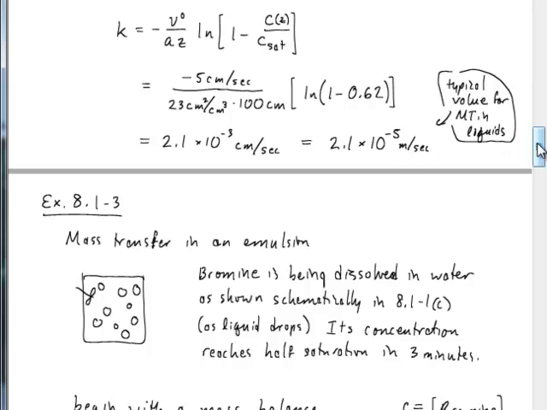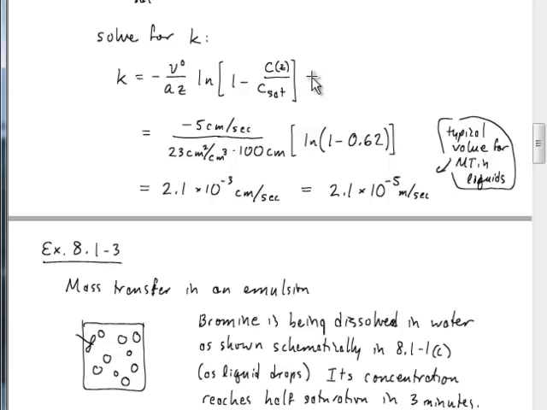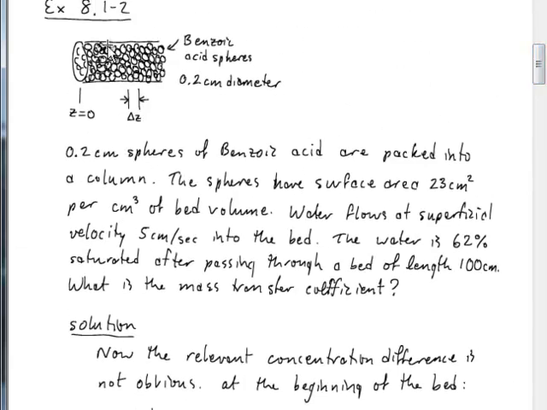What I want to do today is to extend this result a little bit and think about, what if instead of defining the relevant driving force as the local driving force, we instead looked at a log mean of the driving force at the beginning of the bed, that is the concentration at the surface of the particles minus the concentration in the bulk of the water right here where it's flowing in, which would be C sat minus 0 at this end of the bed, and a log mean with the concentration driving force over here at this end of the bed, which would be C sat minus the 0.62 C sat at this end of the bed, right?